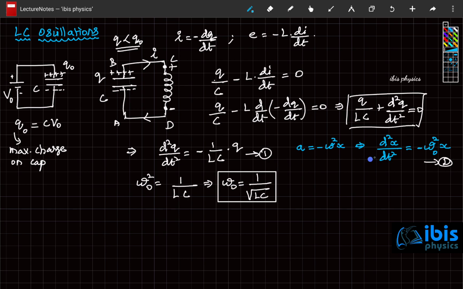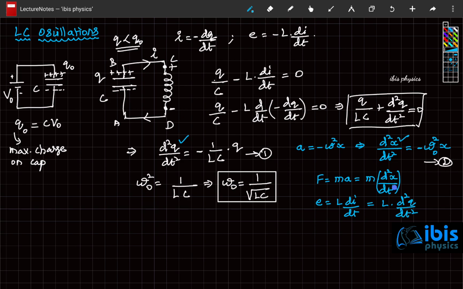The next thing, because we know force is equal to mass into acceleration, and acceleration is d square x by dt square. Here the electrical displacement is q. In such a case, we write EMF is equal to L into di by dt, which can be written as L into d square q divided by dt square.